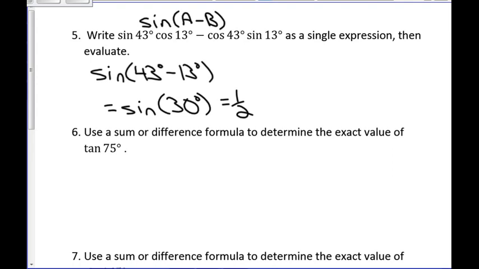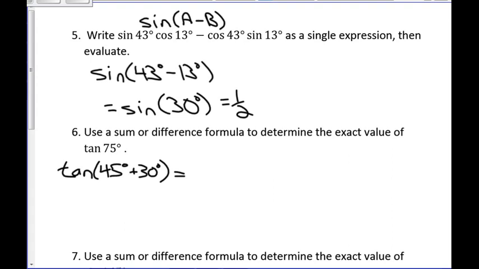Use a sum or difference formula to determine the exact value of tan 75. So how do you build a 75? We could do that by a 45 plus a 30. That's going to make our 75.